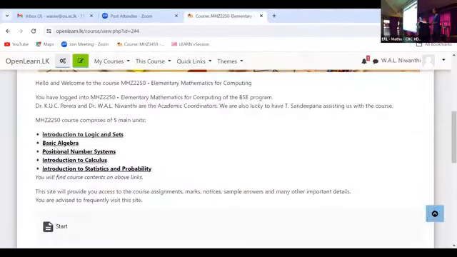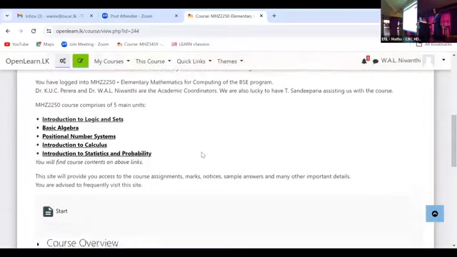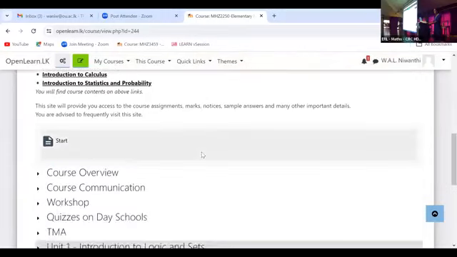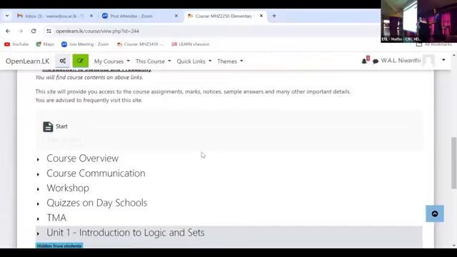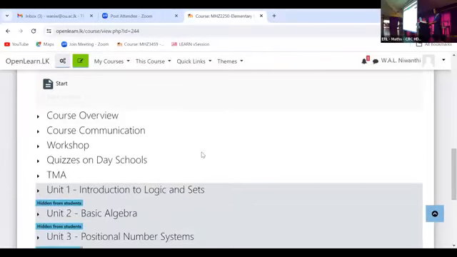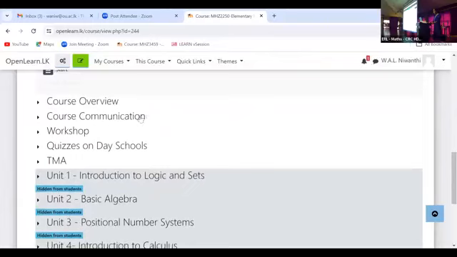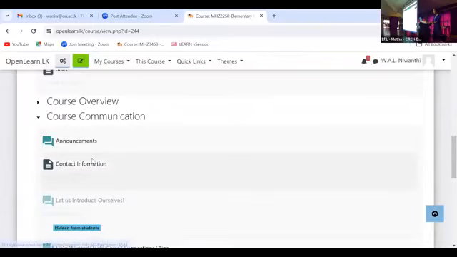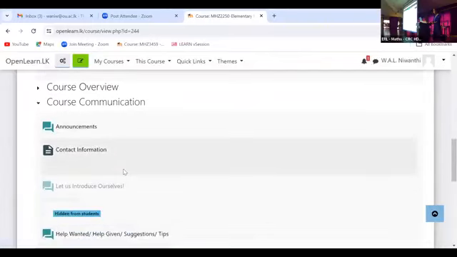Likewise, for each unit you have similar things. You can find all the learning support documents and information there. Please have a visit to these. In course communication, you can find our contact information and everything here.